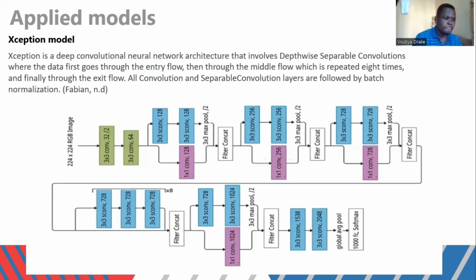So the input is divided into 3 segments, as we can see, and on each segment we apply a depth-wise and a point-wise convolution separately.